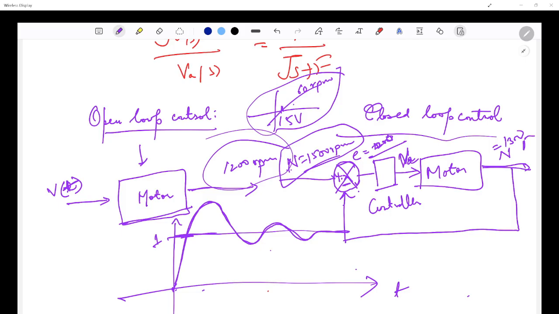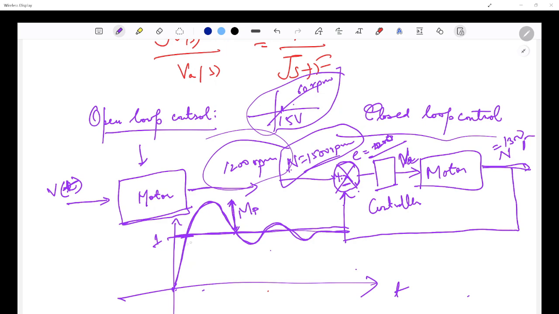I wanted this one to be maintained, it is happening, but it is taking some time, and the error is decreasing. Why? Because the controller is acting on it. Now this thing is called maximum peak overshoot. How much overshoot did I have as compared to what I wanted to have?